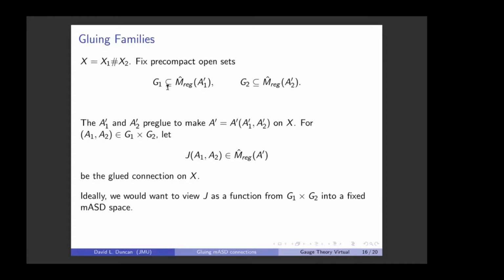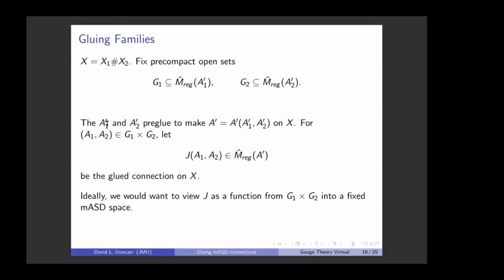The subscript 1 means that all of this is taking place on X1, and there's a similar thing taking place on X2. Now you've got connections A1 prime and A2 prime on each of the two pieces, X1 and X2, and you could pre-glue them. That means you take a cutoff function and meld them together, in some sense arbitrarily, to make a connection defined on all of X.